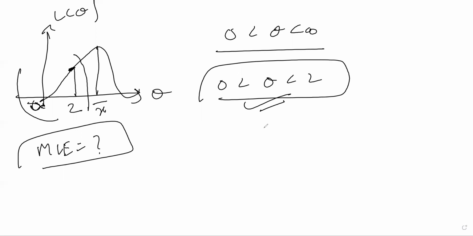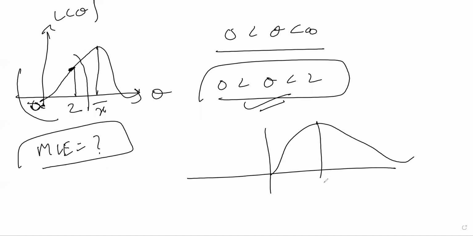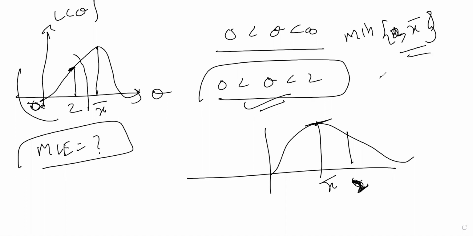But suppose your x bar is here and your 2 is on this side. In this case, x bar will be the MLE. So the MLE will basically be the minimum of 2 comma x bar. Whichever is minimum, that will be the MLE. So it is again the same type of example for the MLE. We have covered the restricted MLE case also.